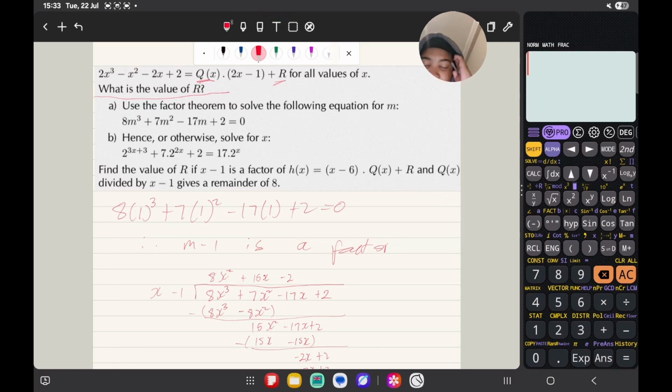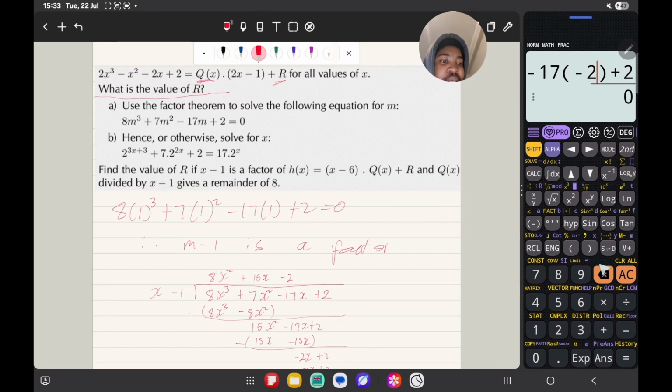So now let's test minus 2. We go 8 times minus 2 cubed, plus 7 times minus 2 squared, minus 17 times minus 2, plus 2, right?